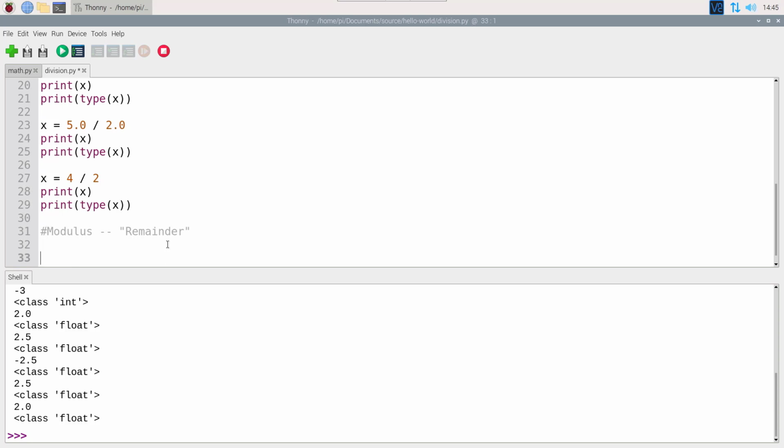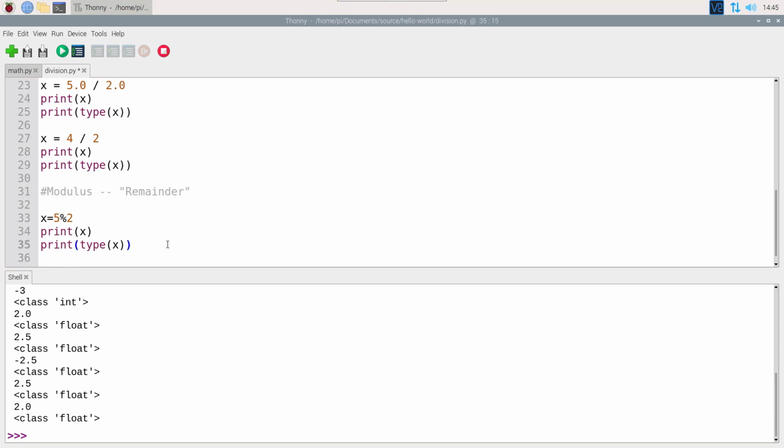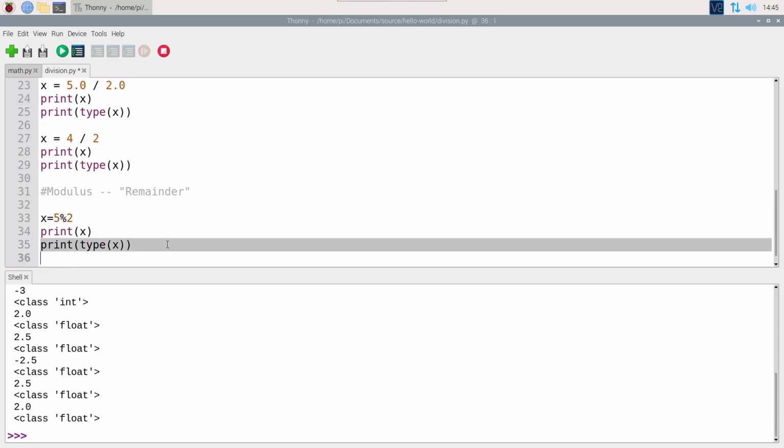And with this, we're essentially getting that same result. So let's do x equals 5 mod 2, and we should get back 1. Let's also print the type for that, just so that we can validate that we're getting back something that we expect.